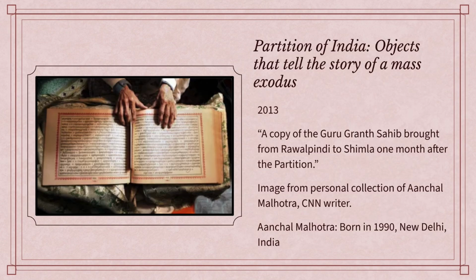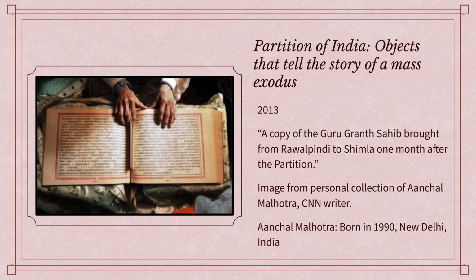Lastly, I end it with The Partition of India, objects that tell the story of a mass exodus, which comes from an article created by Anchal Malhotra. I think this picture is the best to wrap it up, because she comes from decades after the partition.